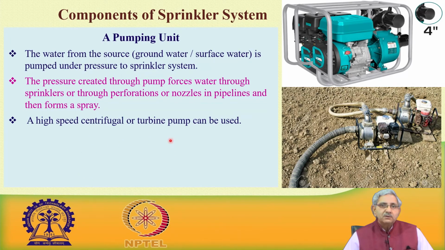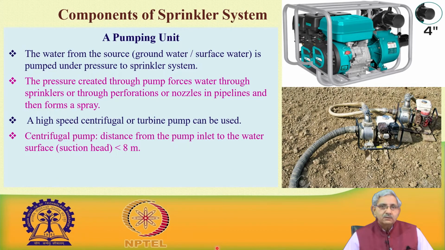A high speed centrifugal pump or turbine pump can be used depending on the requirement, depending on the place where and how the water is taken. If the water is taken from less than 8 meter suction head, then a centrifugal pump is used, or a submersible pump when the depth of water is greater than 8 meter.